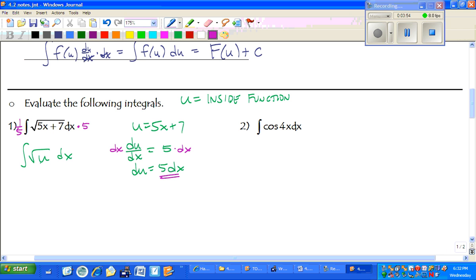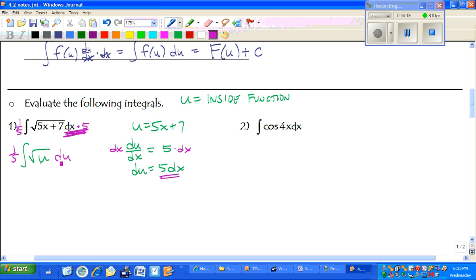Everything's still the same underneath, it just looks different. So if we multiply by 5, and we get this 1/5 on the outside, this 5 times dx, remember, that's equal to du. So instead of square root of u dx, we're replacing that 5 dx with du.